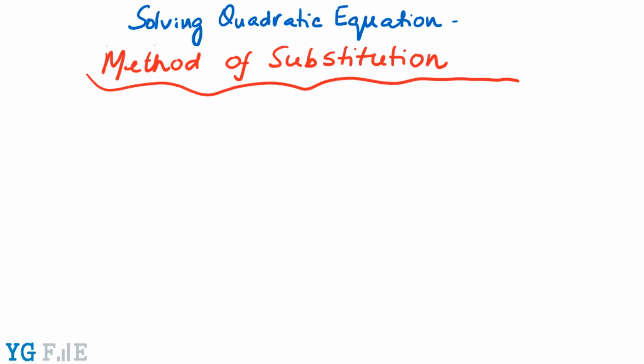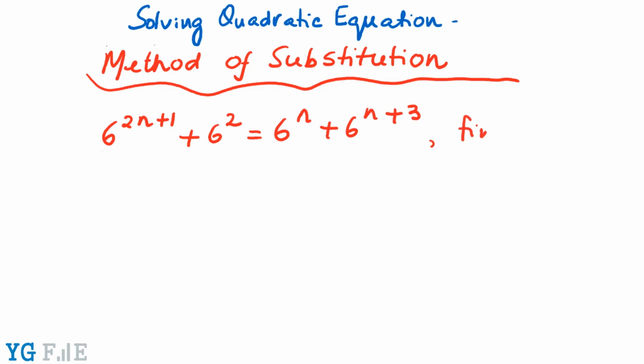So I'll take the equation 6 to the power of 2n plus 1, plus 6 squared, is equal to 6 to the power of n plus 6 to the power of n plus 3. So we want to find the value of n.